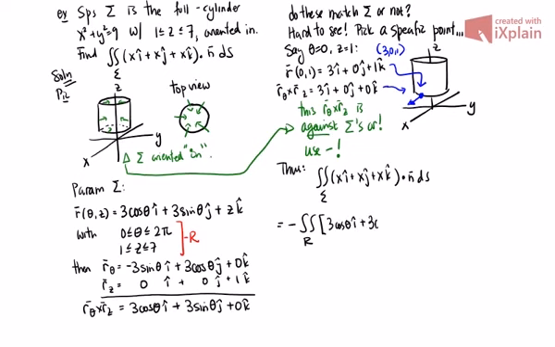That's everywhere here. And then we're going to dot this with the cross product that we just did. And then negative.